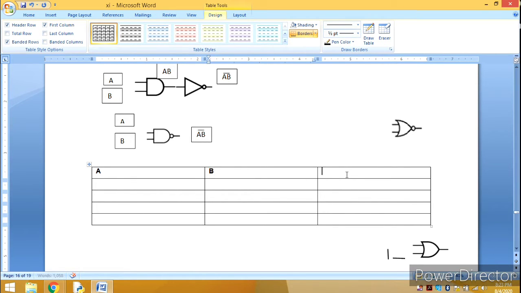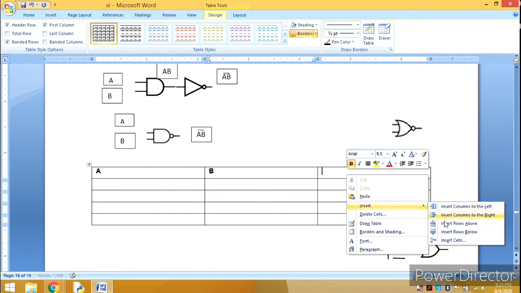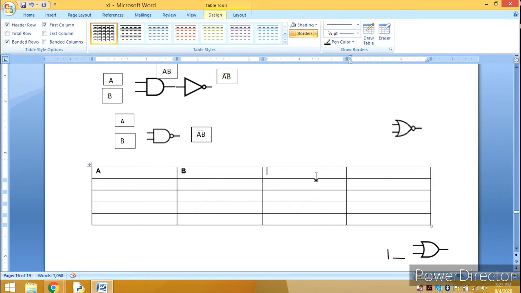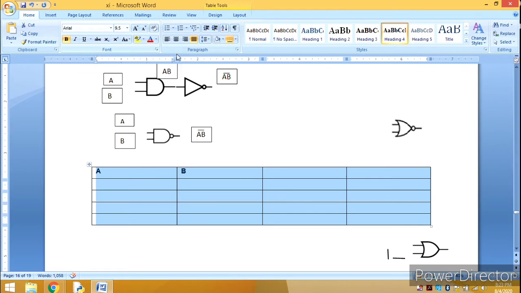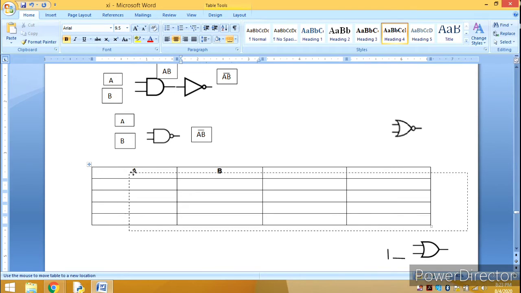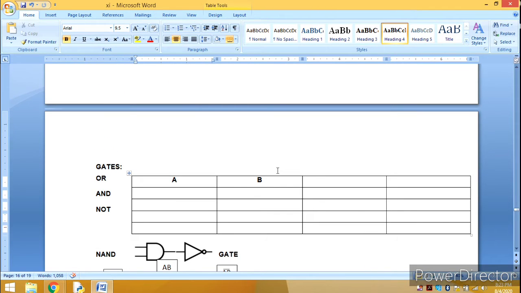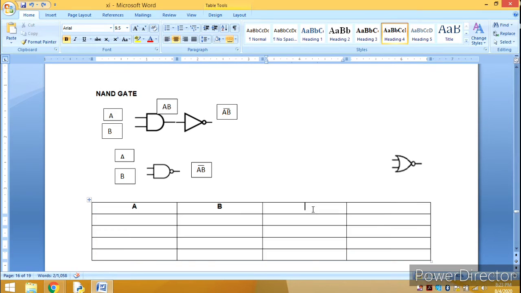Okay, so let me make it in a small form. So we have the inputs, we are getting AB, and we are getting AB complement, isn't it?